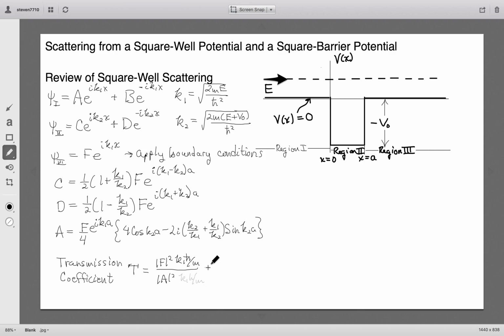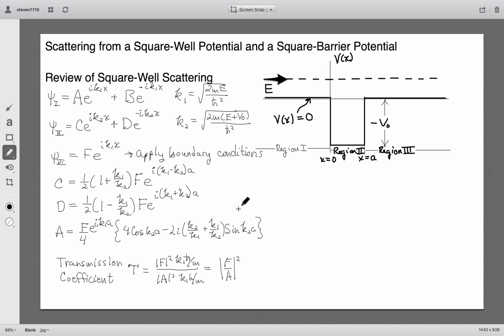Those cancel, and you're left with essentially F over A modulus squared. Looking at this, we see that F over A is going to be an ugly mess, so it's a little bit easier to mess with 1 over T, but that's just algebra.